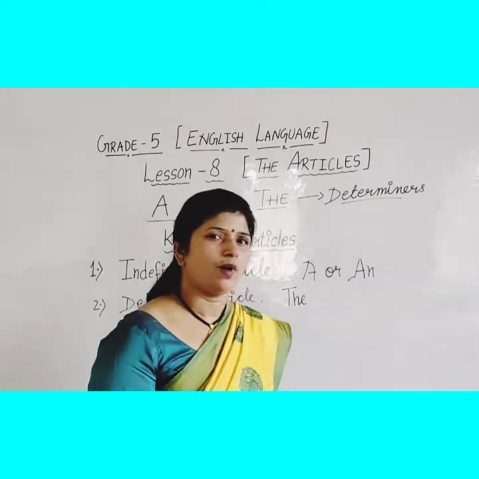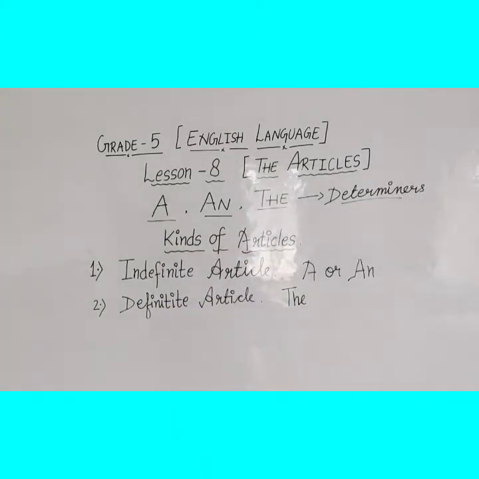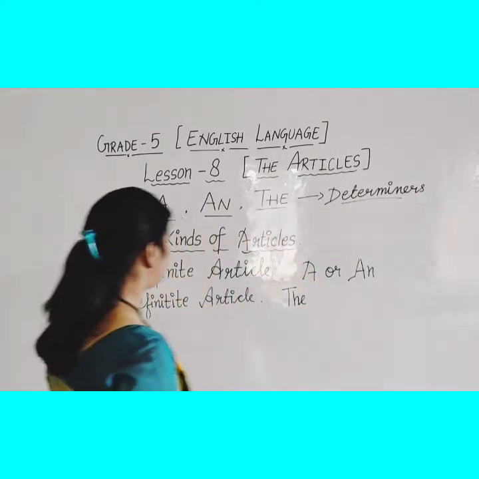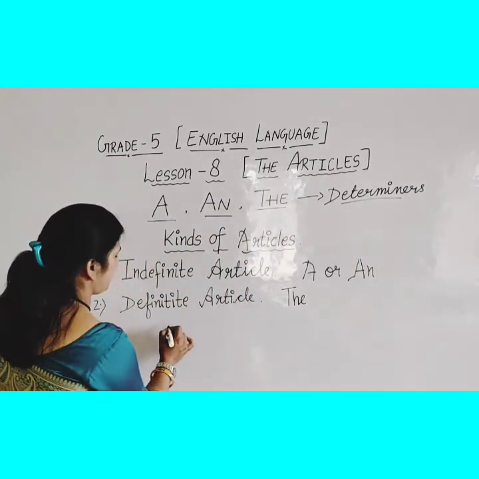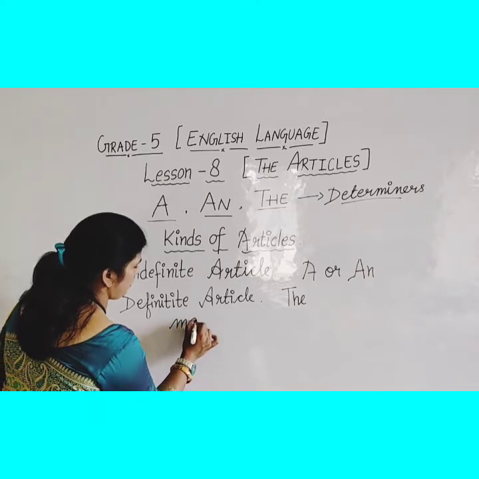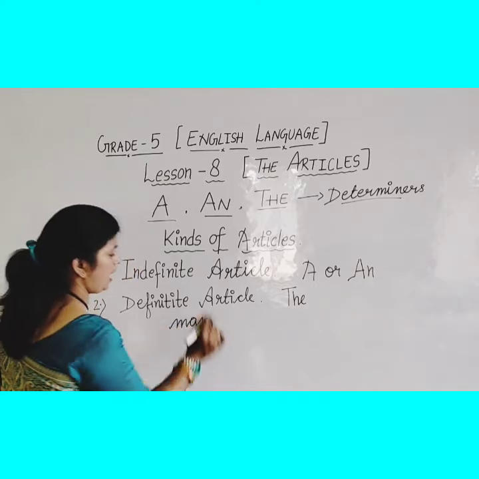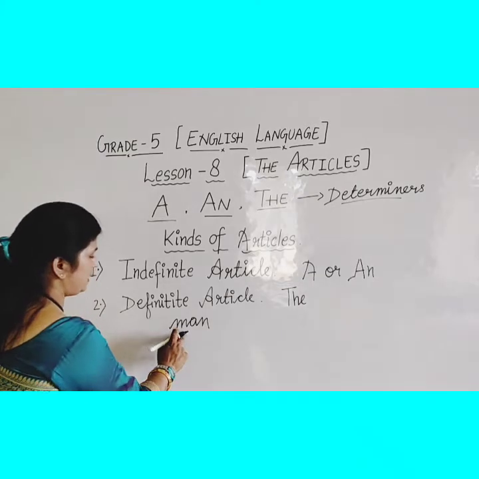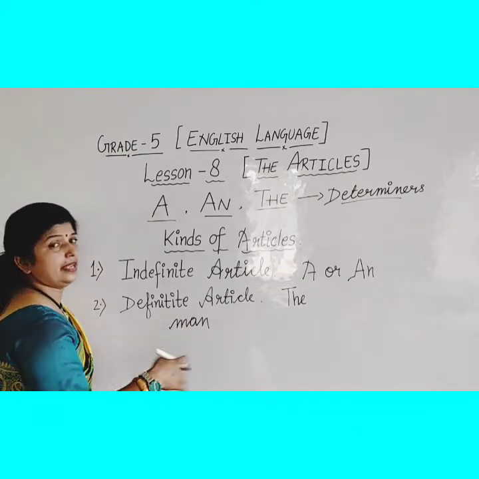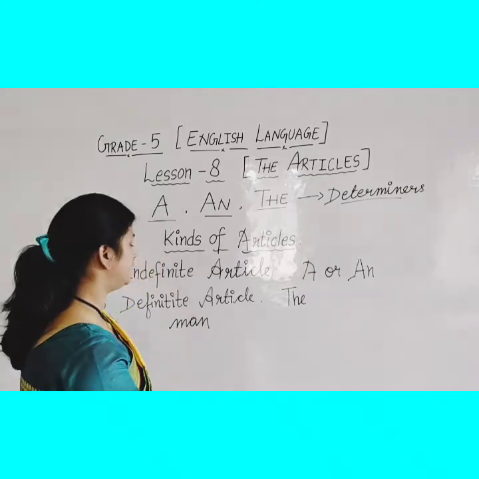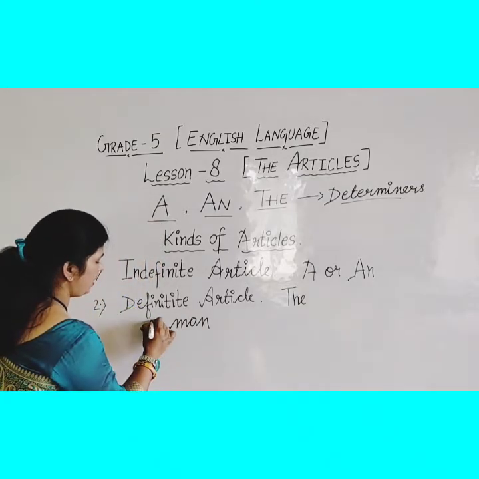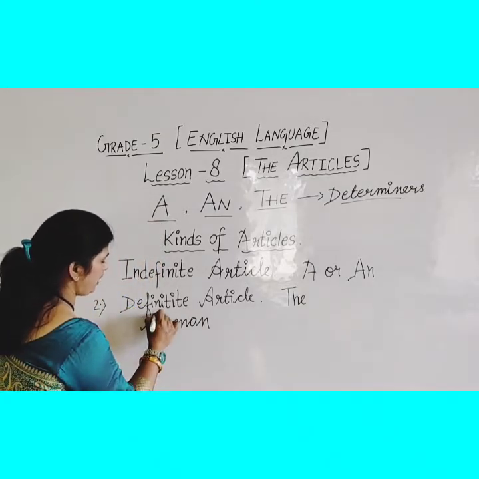Okay, let me show you one example. Kids, suppose I say man, M-A-N, and if it is written only man, then he can be any man. So in this case we will write a man. What will we write?